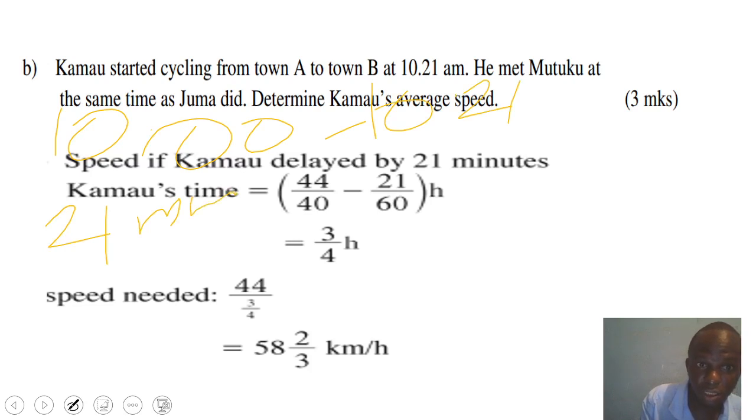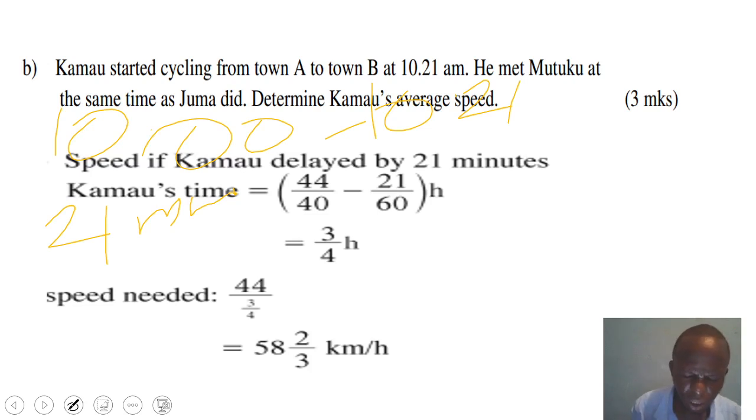So we have to get the difference in speeds, and after getting the difference in speeds, we can now get the average speed.